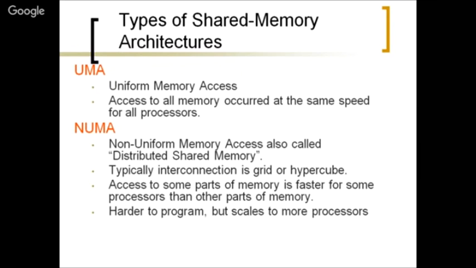If I keep increasing the number of processors, the speed may change, so some processors will have higher-speed access and others may not. Non-uniform access is sometimes also called distributed shared memory. The interconnection can be a grid, a switch, or a hyperconnection, any type. Access to some parts of memory is faster for some processors than to other parts of the memory.